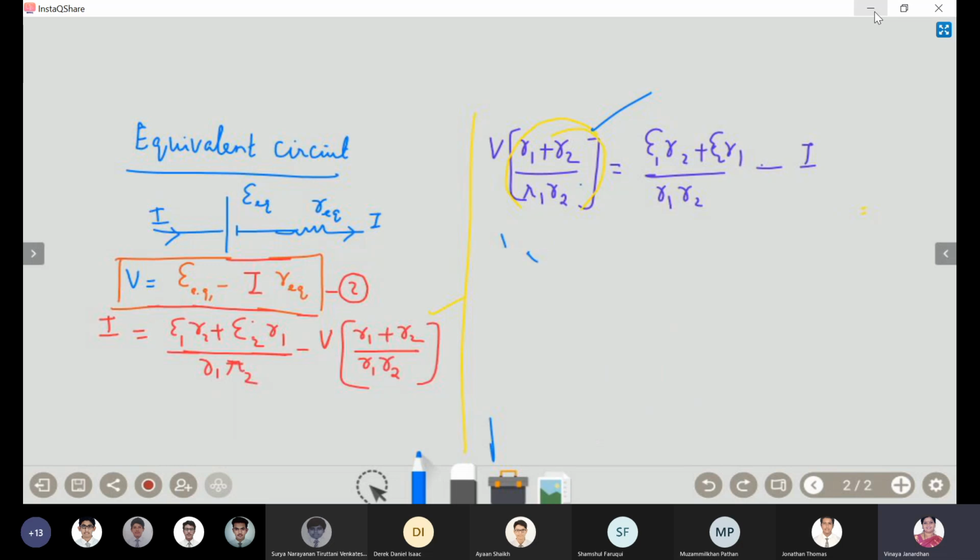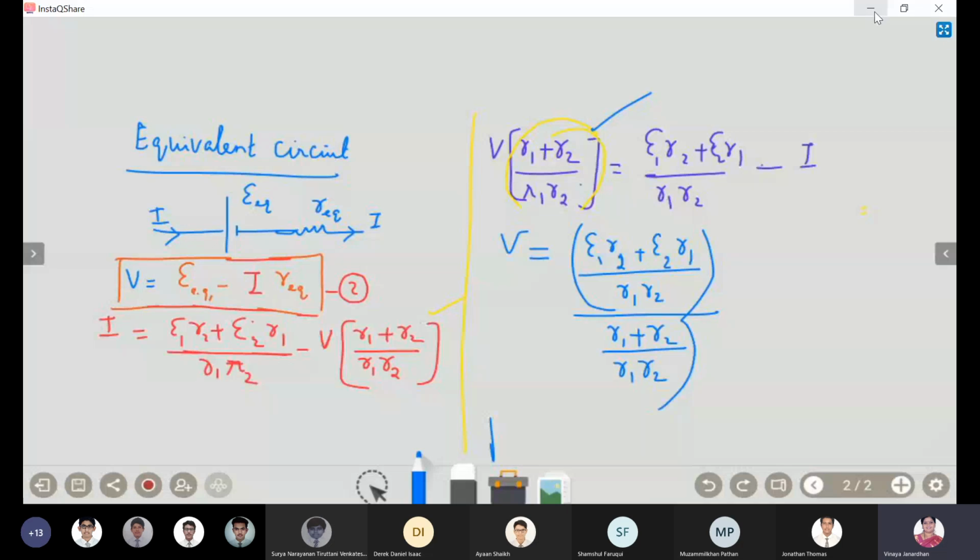So V becomes equal to, what is left on the right hand side, E1 R2 plus E2 R1 by R1 R2. Now this has to be multiplied by this quantity, or else I'll write it this way, R1 plus R2 divided by R1 R2.